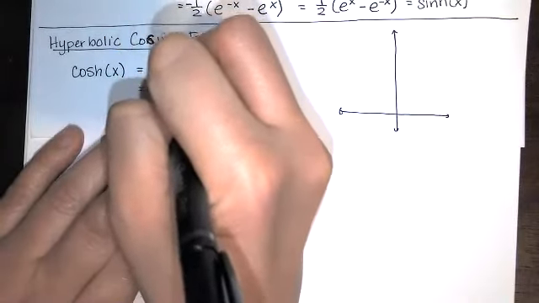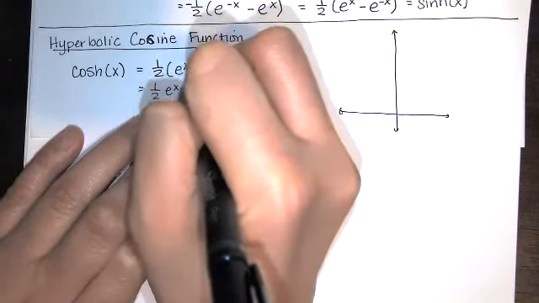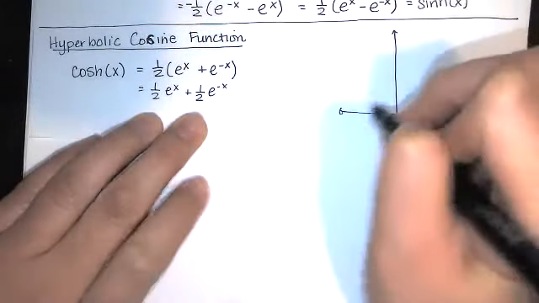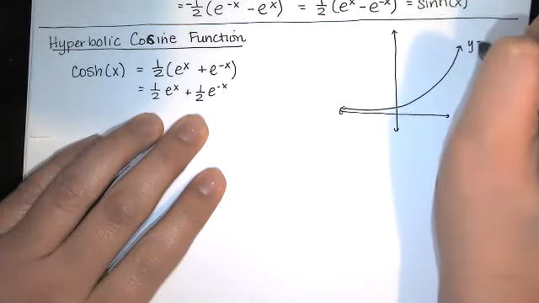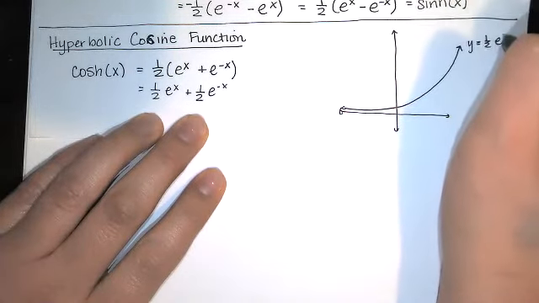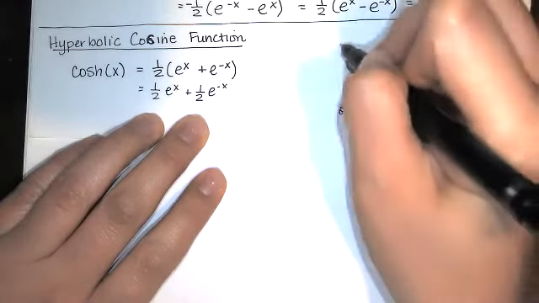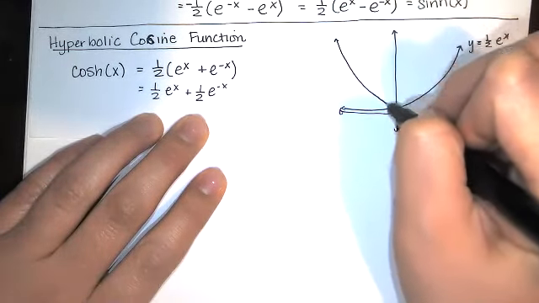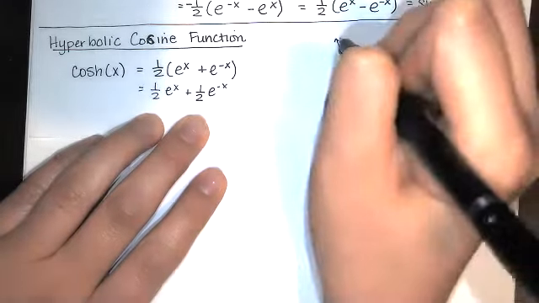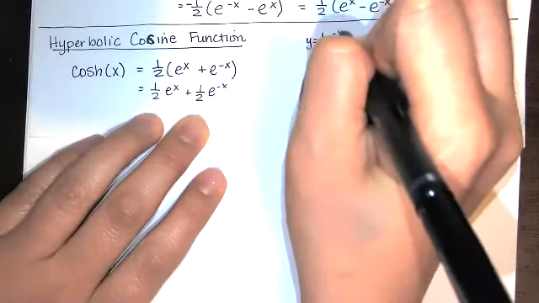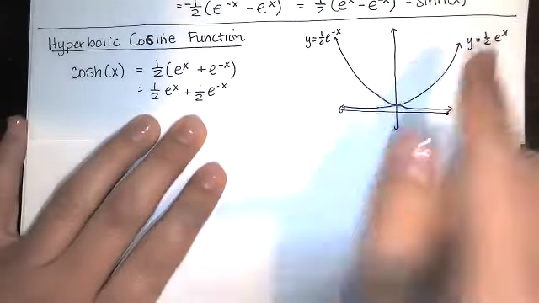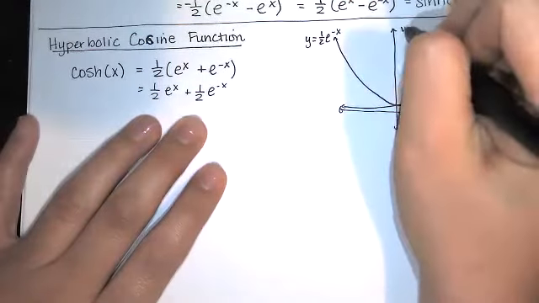So if I distribute that 1/2, I have 1/2 e to the x plus 1/2 e to the negative x. So when I graph it, I want to start by graphing 1/2 e to the x. On the other side, I want to graph 1/2 e to the negative x. Just trying to make it symmetric, but I don't know that that worked out. That's okay. It's the exact same function, just reflected across the y-axis.